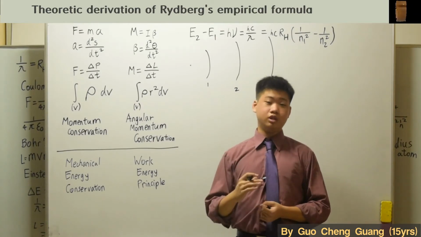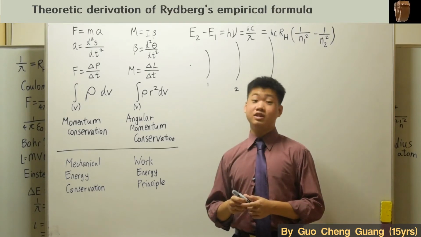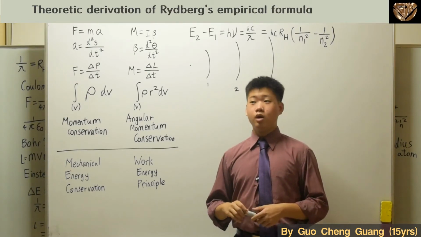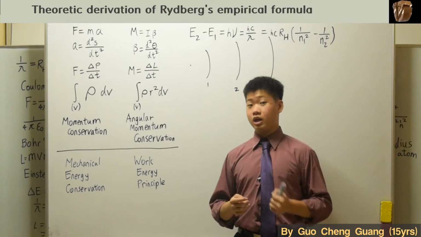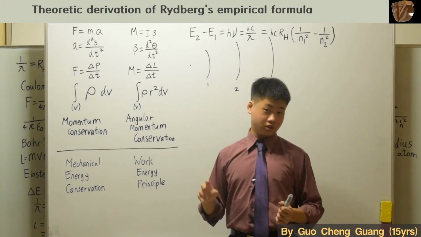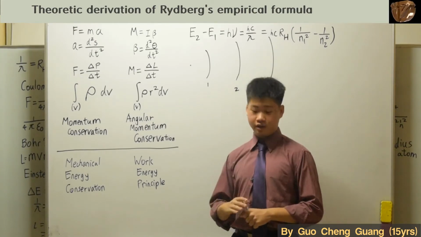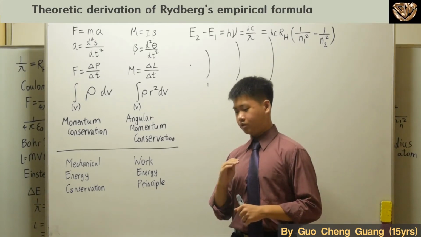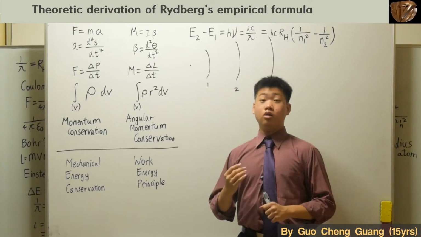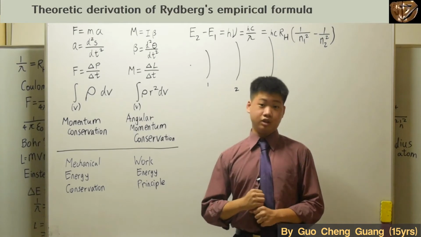But your potential energy is your main problem, since most of you will only learn gravitational potential energy. But you have to realize there are other types of potential energy, whether it is the so-called chemical potential energy set by your teachers, which is actually completely irrelevant here, or in this case, it is electrostatic potential energy.